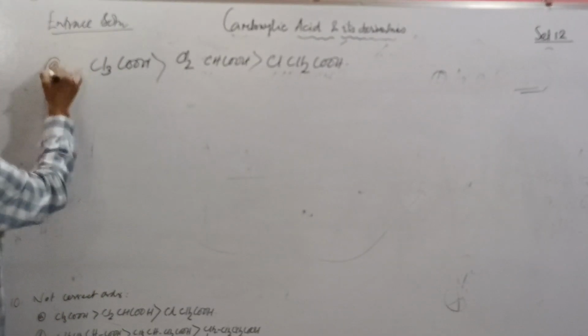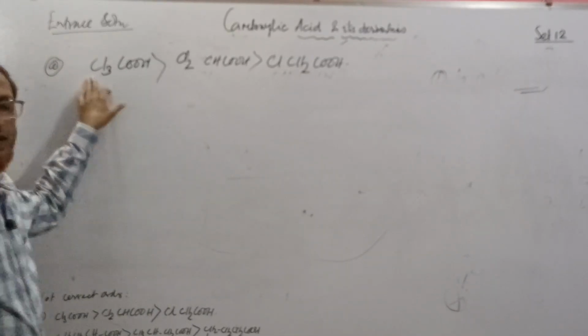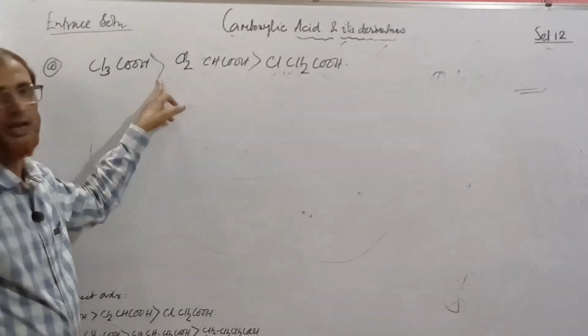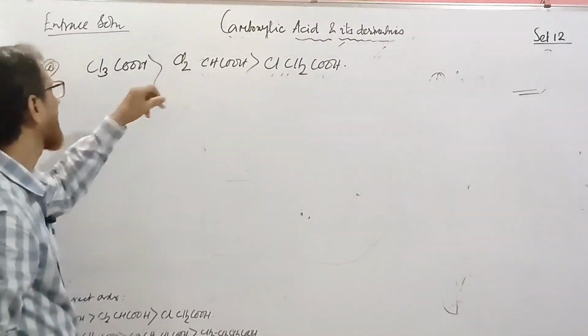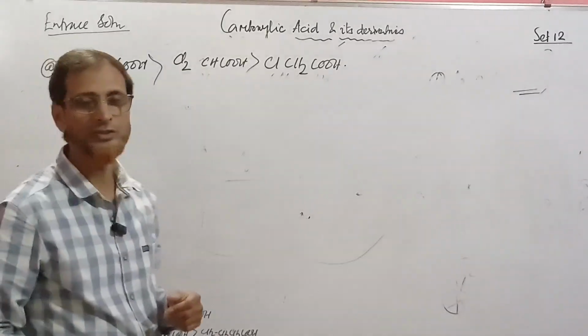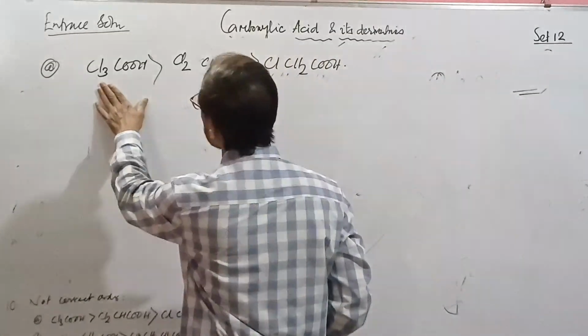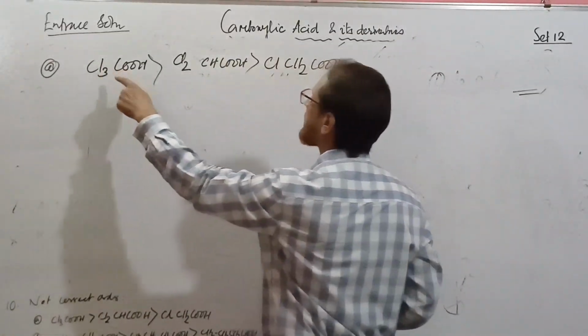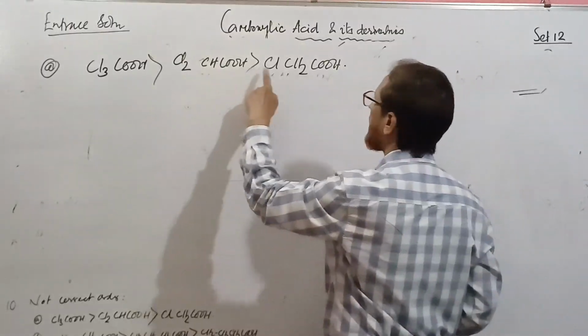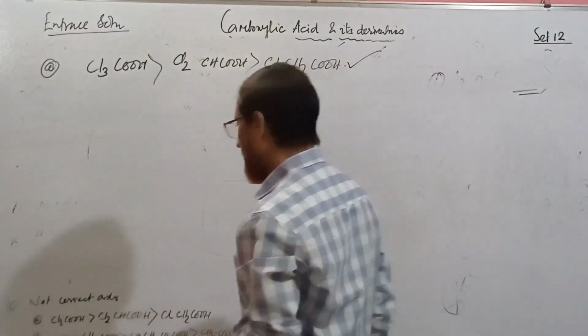First order. Answer: when the -I group is more, then the OH of COOH will be weaker and the electron density is less, thereby it will facilitate the release of hydrogen as a proton. It will be the strongest one. So here 3 -I groups, here 2 -I, here 1 -I group. This is the correct order.